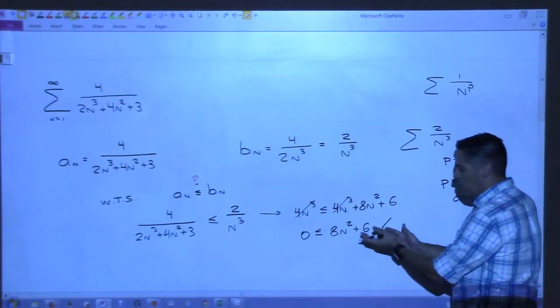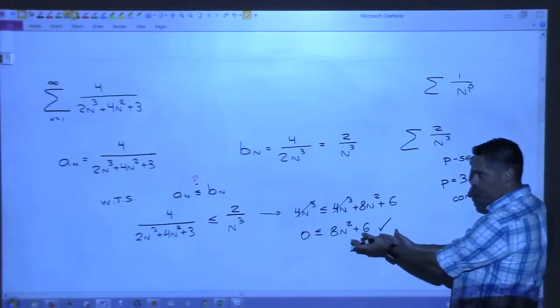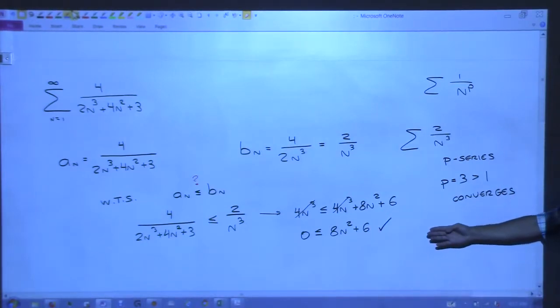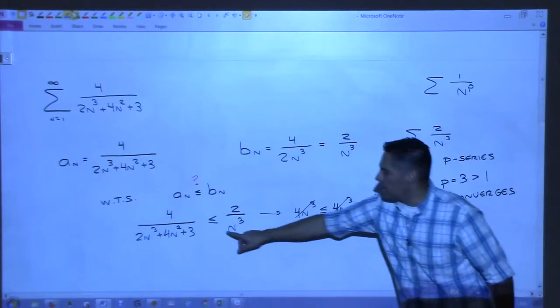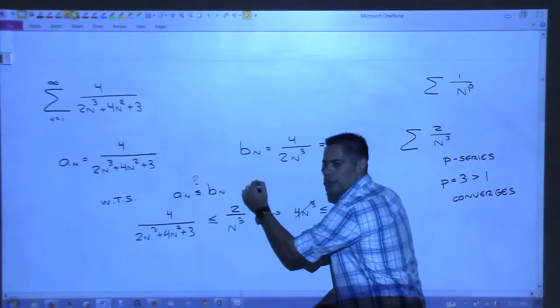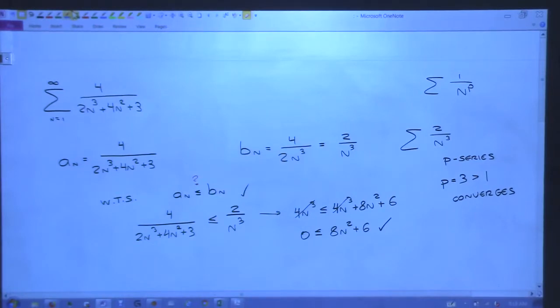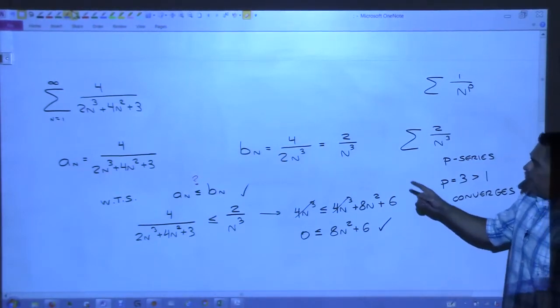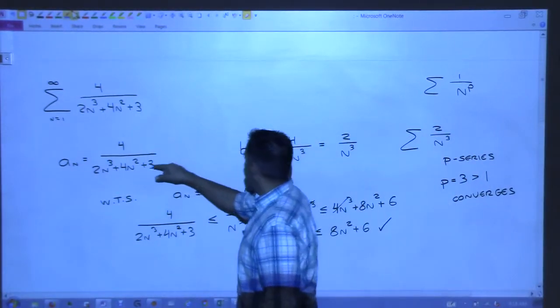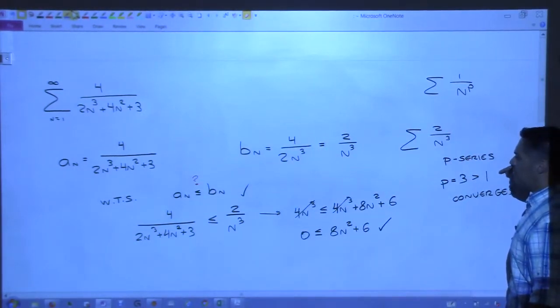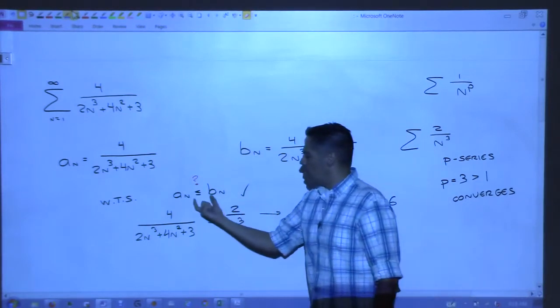So as soon as you get to a point where you are happy that that's true, you have to convince me also. You can't just write this down and be like, yeah, check. No, you have to show algebraically that it comes out, all right? So we had a series, we compared it to something that we knew what it did, and then because it converged, we had to show that this inequality would hold.